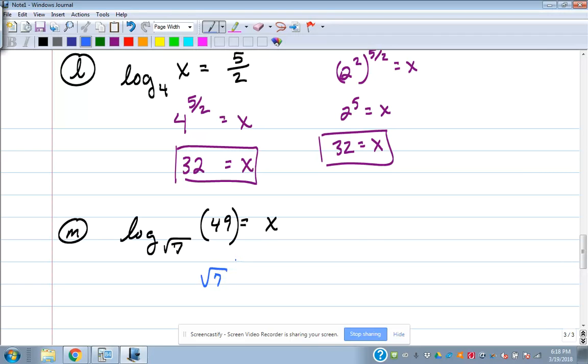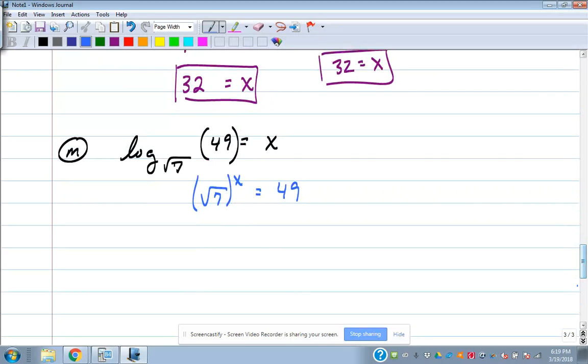Exponent? X. Square root of 7 to the x power is equal to 49. Again, what's a square root? 1/2 power. 7 to the 1/2 to the x is 49.